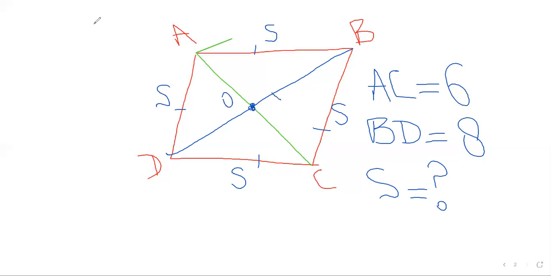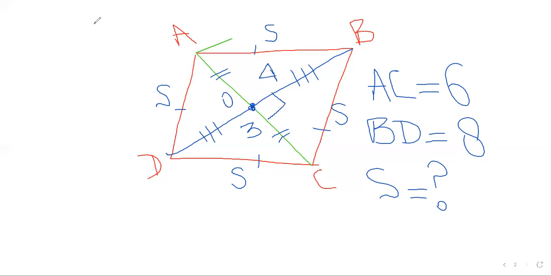So you can get this is the right angle. Now this side is half, as they bisect each other, so the length is 3. And this side is equal to this one. So that's why we have 4.